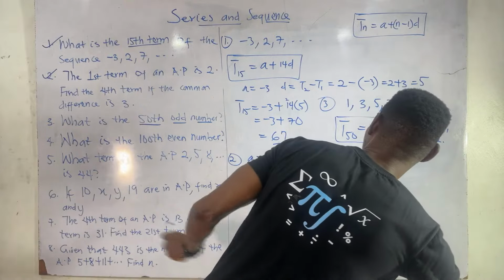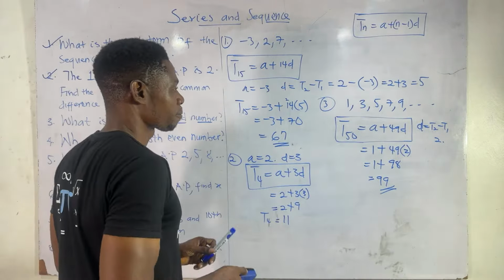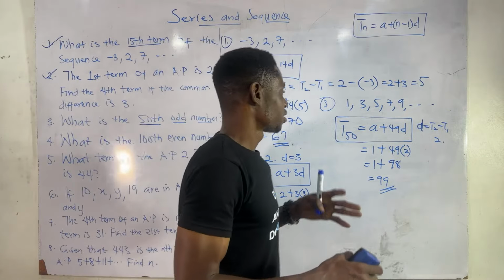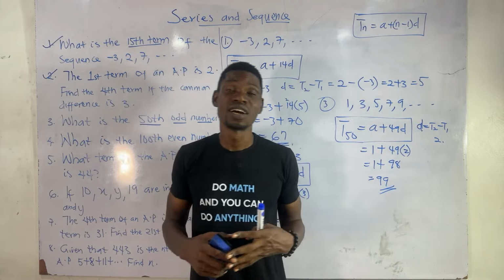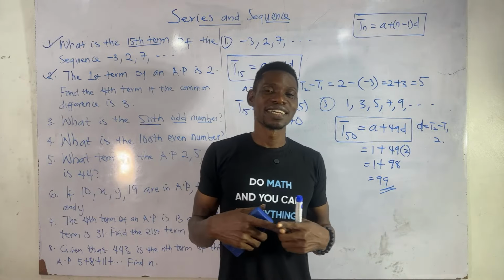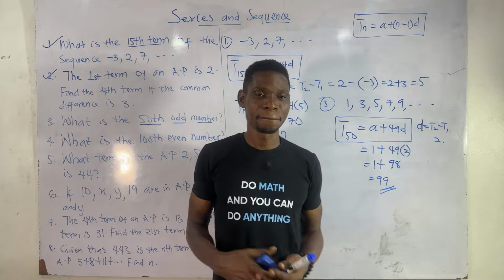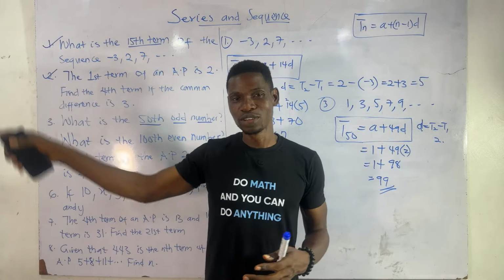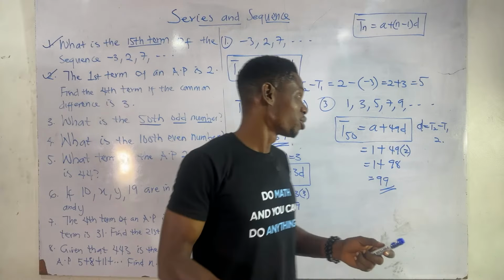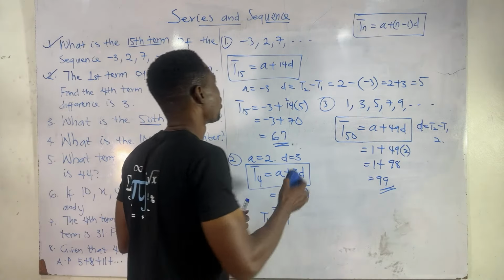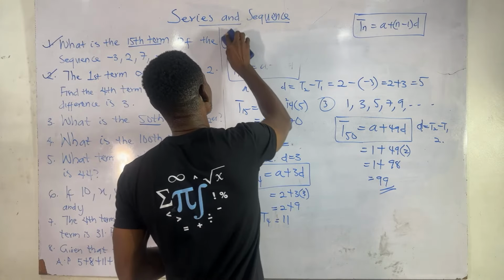So before our next one, let me give you one to do quickly. So class, tell me, what is the 100th even number? The number 100 of the even numbers, what is it? So let's go. What is the 100th even number?